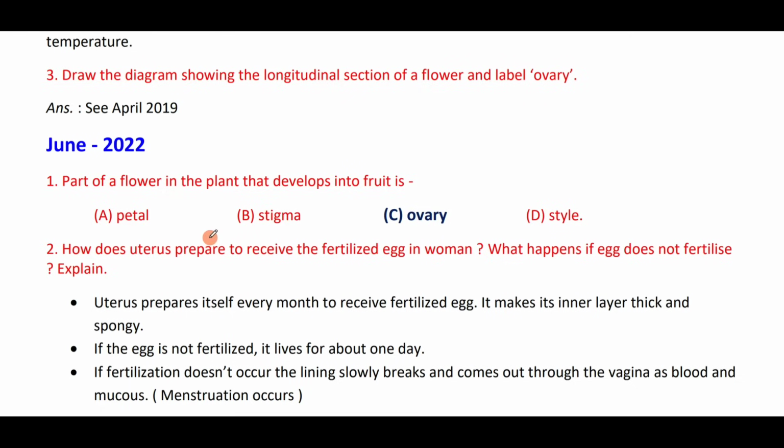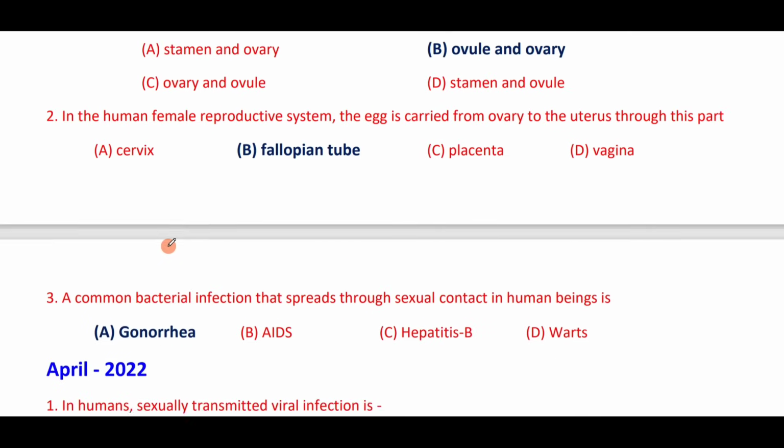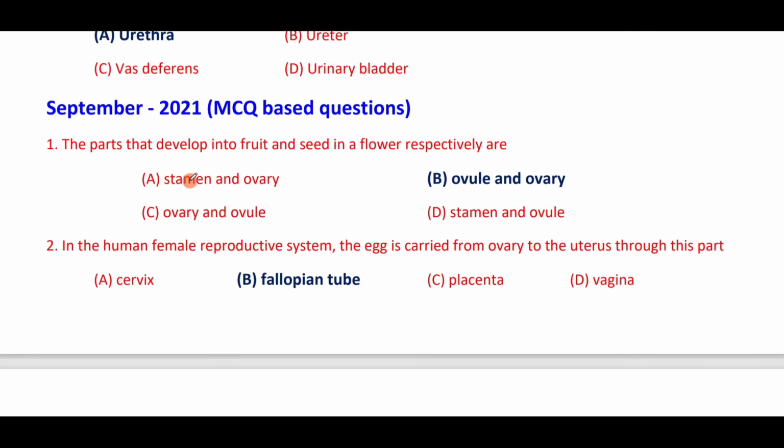The ovule develops into a seed and the ovary develops into a fruit. For the first question, the part that develops into a fruit is the ovary and the seed is the ovule. The correct answer is option C, not B.